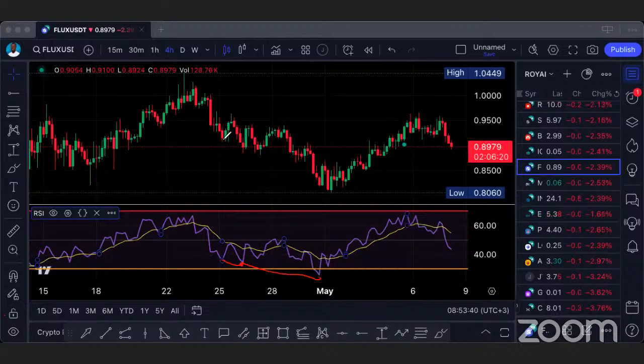Can we see, guys? Then from here, can we see from this point? Now I'm concluding. From this point to this point, can we see a divergence? But it's not so perfect. That's why I'm not liking it so much.